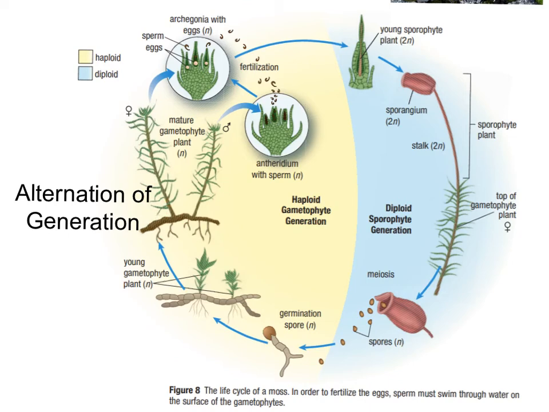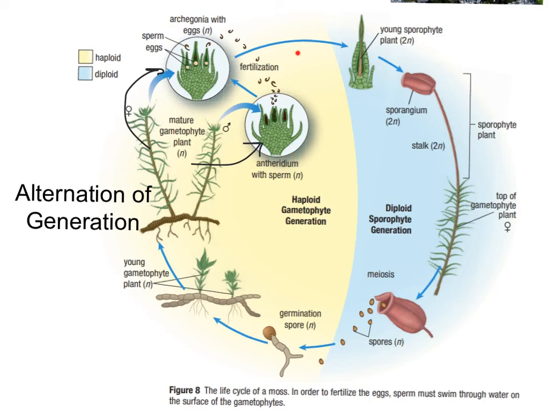Now, because we're a gametophyte, we're going to be producing gametes, which means male sperm and female eggs. Now, you may notice that the male and female gametes are actually coming from the same plant, which means it can self-fertilize. But anyhow, so we have our eggs, the egg gamete and the sperm gamete.